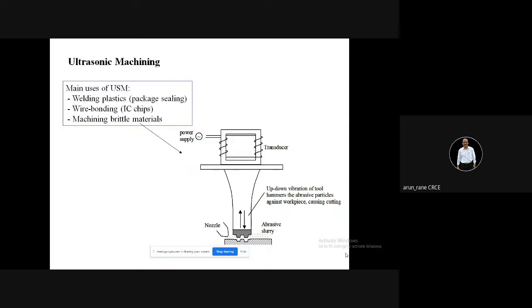This is the diagram. So you can see here, this is what is to be cut, and the tool will correspond to that shape. That is, this is female, so the tool will be male shaped.